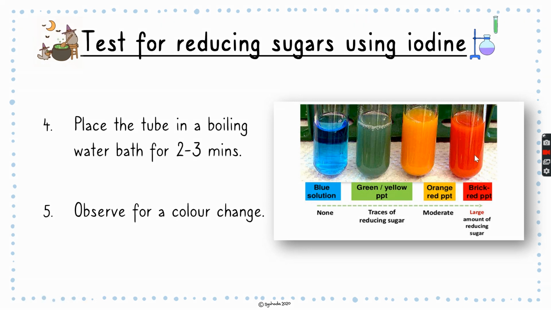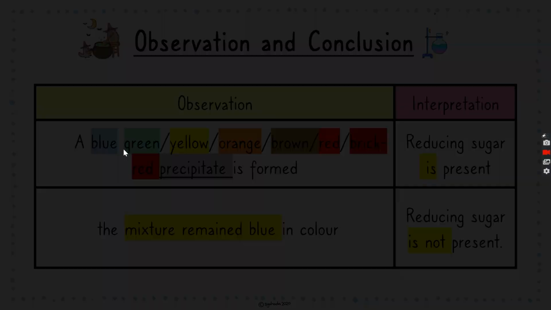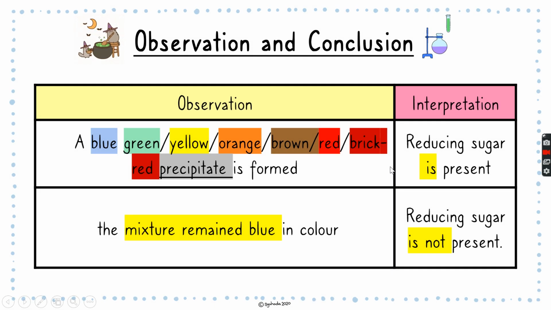So what kind of observation and conclusions can we actually get? If it's a positive result, you will observe blue, green, not blue, okay? Blue, green. So we're talking about, I think this one, that's kind of like bluish green, but to me that's just green. Anyway, blue, green, but not blue.